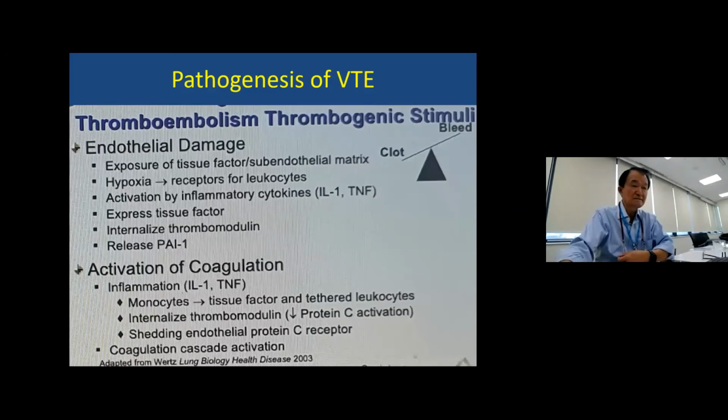So again, in a thromboembolic process, you have a balance between clot and bleeding. There is activation of coagulation by inflammatory cytokines, tumor necrosis factor, monocyte, tissue factor, protein C, as mentioned. Coagulation, but also endothelial damage. These cytokines are involved, and there is release of these factors.